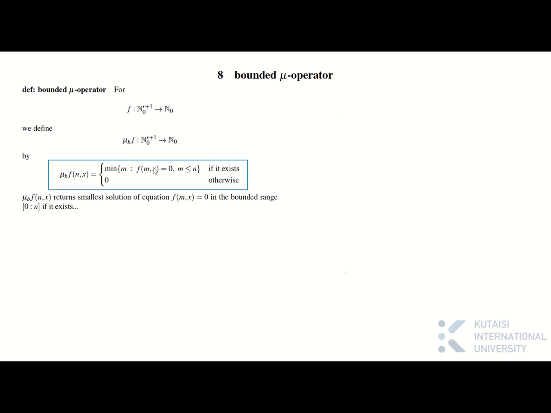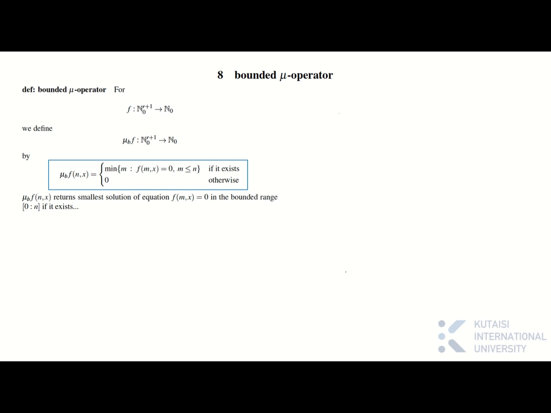If you do not find a solution all the way up to n, it's like a for loop from 1 to n, you just return 0. So this function is always defined: it either returns 0 or it returns m.